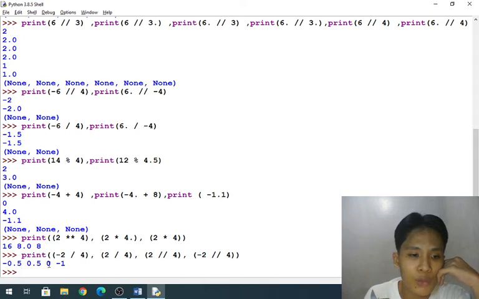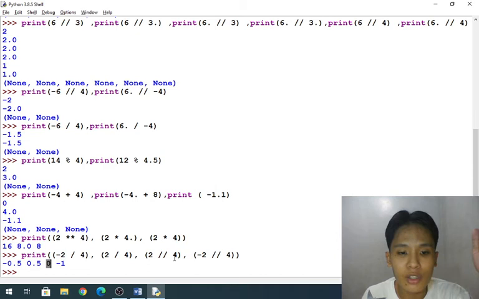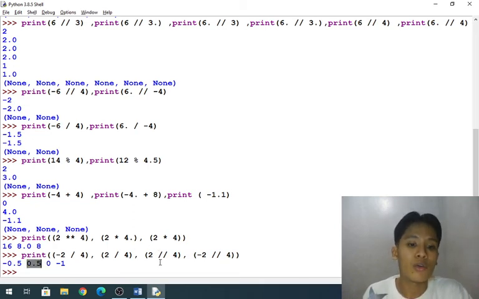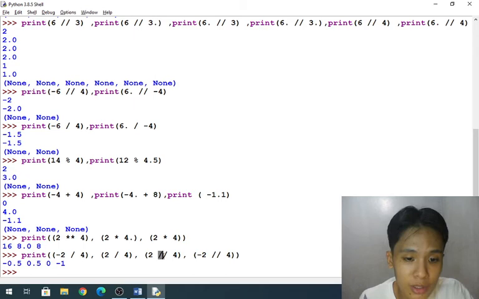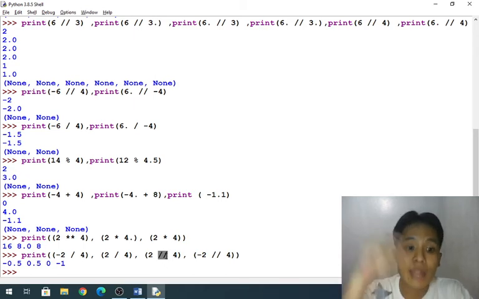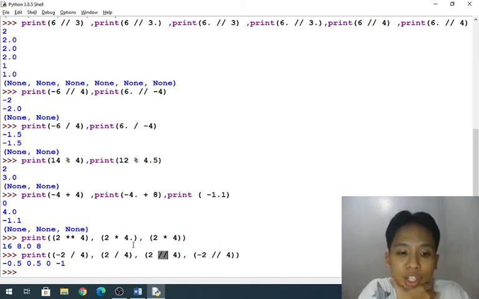Why 0? Because it rounds off the division answer, the quotient. We can say that 2 divided by 4 is 0.5, but the rule on double slash is that rounding is rounding down. So if the answer is 0.5, round it down to the nearest integer, and that is 0.